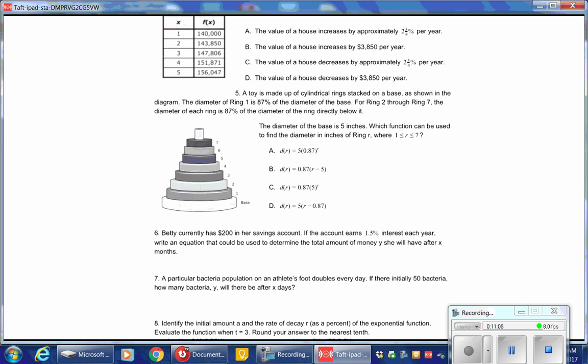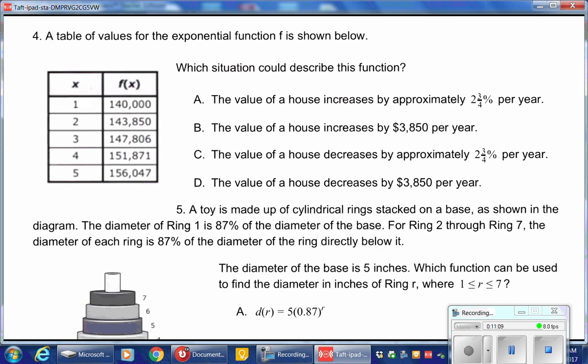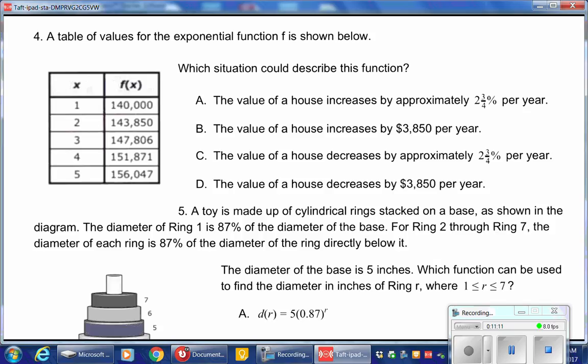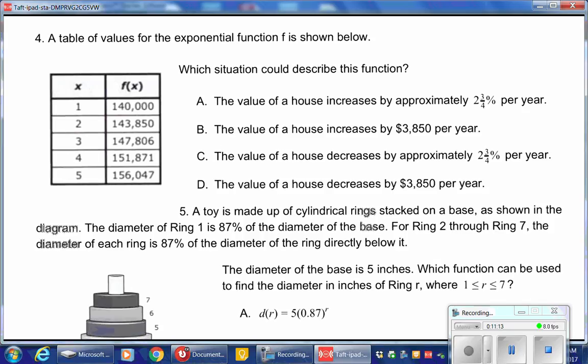Number 4. Number 4 says a table of values for the exponential function f is shown below. Which situation could describe this function? I see a lot of similarities in these answer choices. First, A and B both have the words increases.